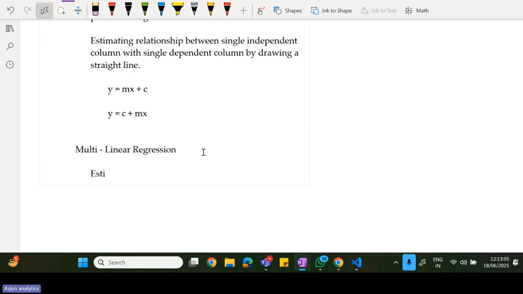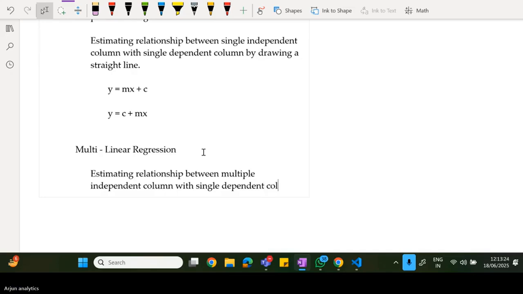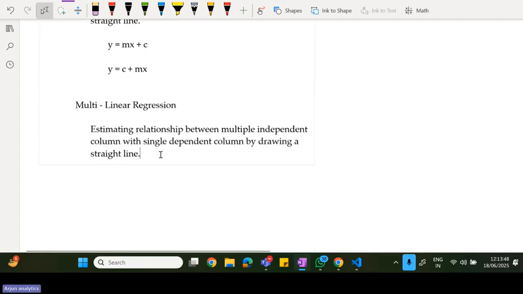This is estimating the relationship between multiple independent columns with a single dependent column, by drawing a straight line. Multi-linear regression: estimating the relationship between multiple independent columns with a single dependent column by drawing a straight line. Now again, try to understand this, guys.